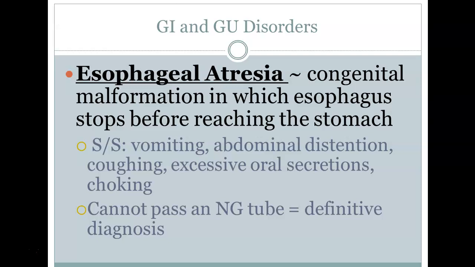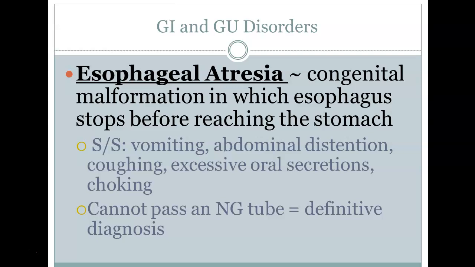It becomes a definitive diagnosis if we are not able to do that. If you suspect this, you would try to pass that NG tube through to see if it is definitively an esophageal atresia.